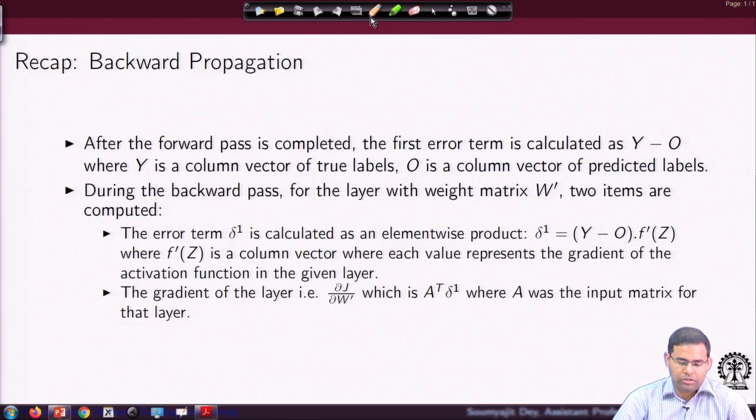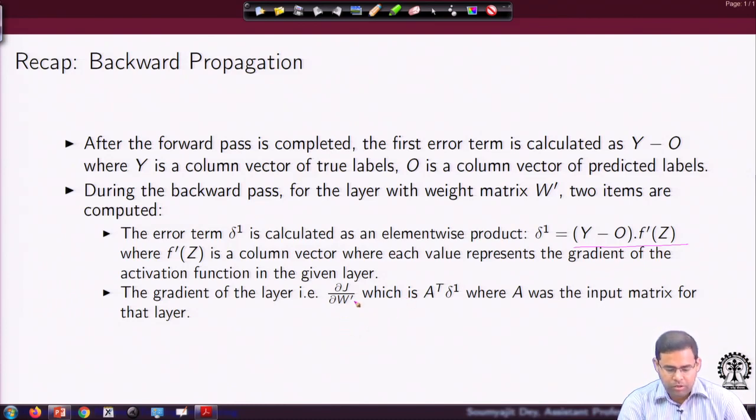For example, we first computed delta 1, which was a product term. Essentially, delta 1 was this y minus o multiplied by the derivative of the activation function, which again is a column vector, and each of the values represents the derivative of the function in that given layer.